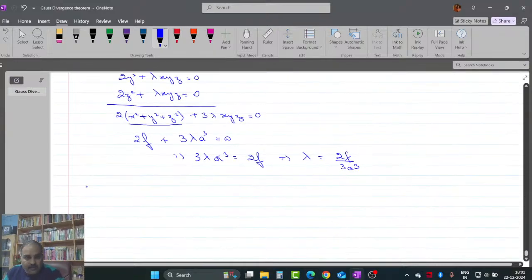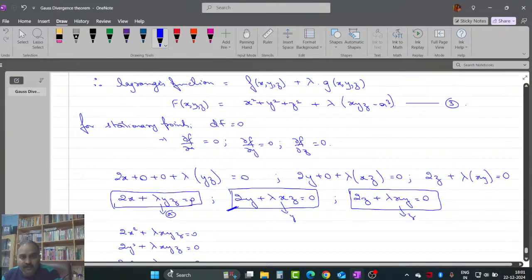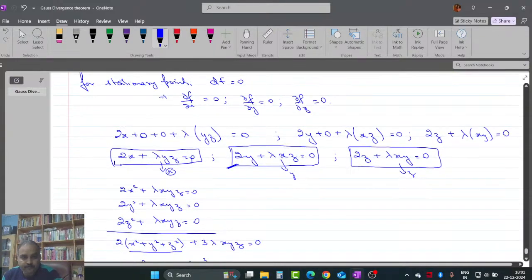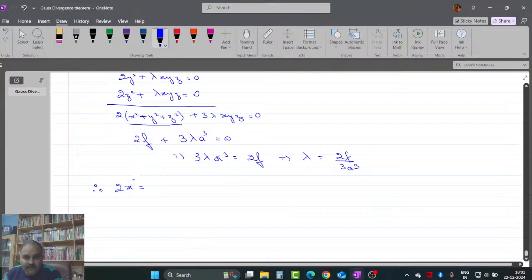Okay, so the value of x will be what? We found the value of x from here, so we will find it here: 2x plus lambda yz equal to 0.